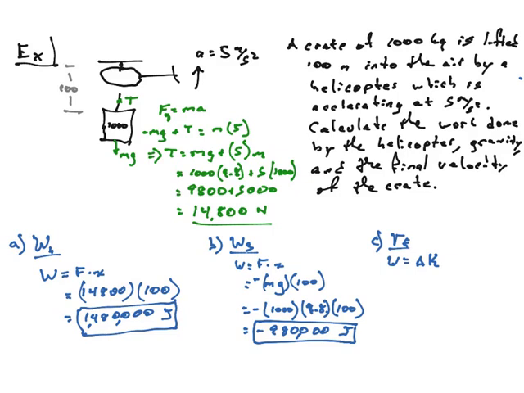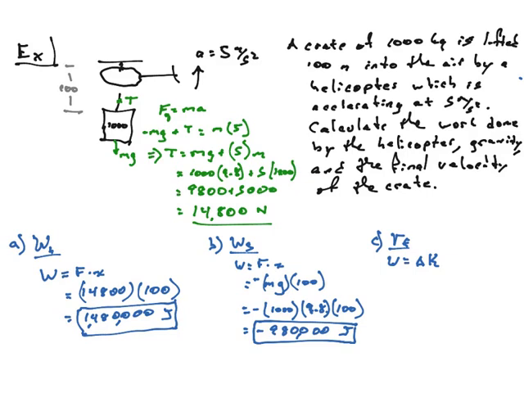So here I need the work done on the crate on the left and 1/2 mv squared on the right. Well, what work do I put? Do I put the work done by the helicopter? Do I put the work done by gravity? Do I add them together, the total work? Which work is the correct work for this calculation? It turns out that it's the total work.